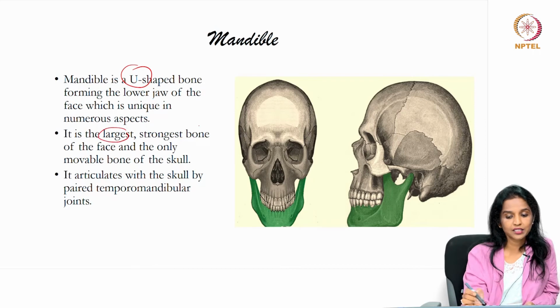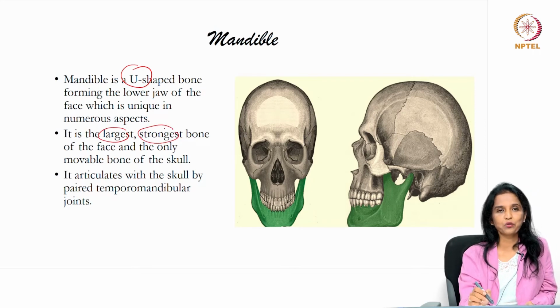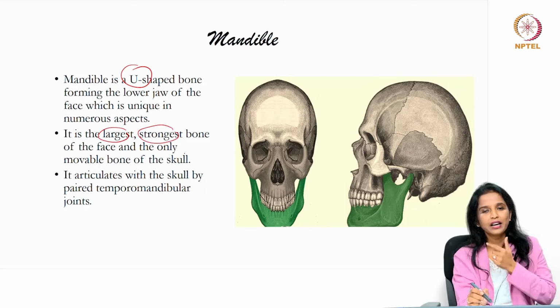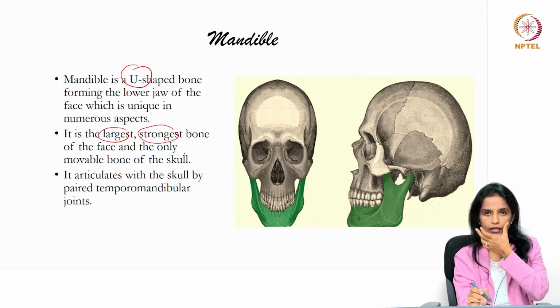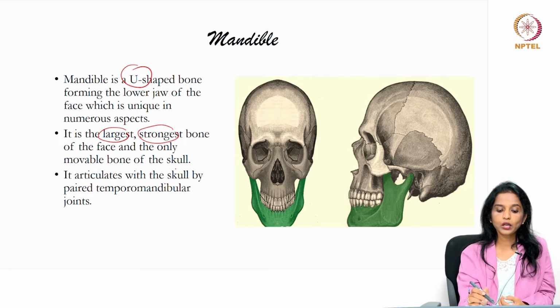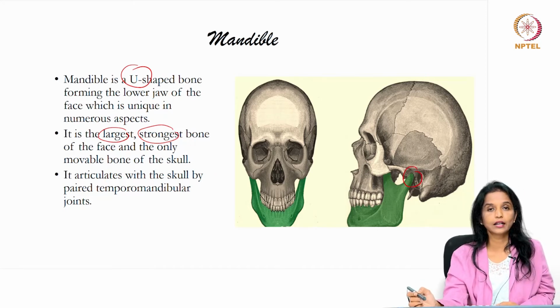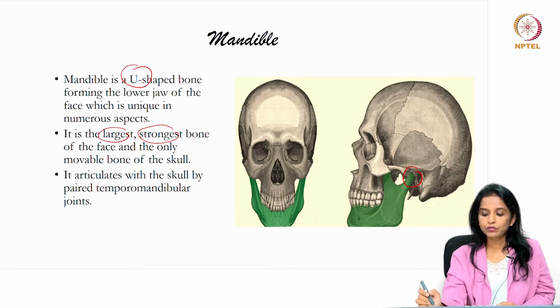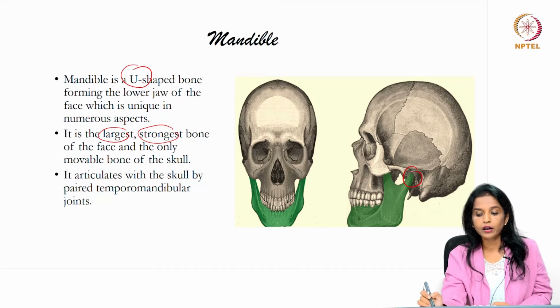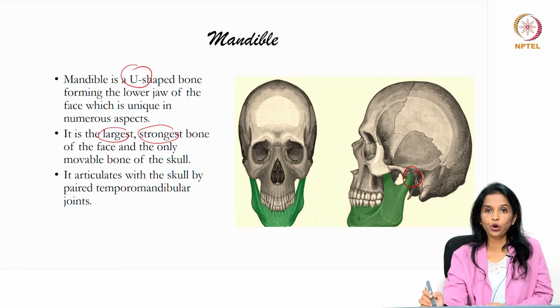The largest, strongest bone of the face, and the only movable face bone in the skull, that is, it can move. The other bones you cannot move; only this can be moved left or right. So it articulates with the skull by a pair of joints, that is your temporomandibular joint. Wherever bone and bone articulate with one another, there will be an articulating area, that is your condyle.